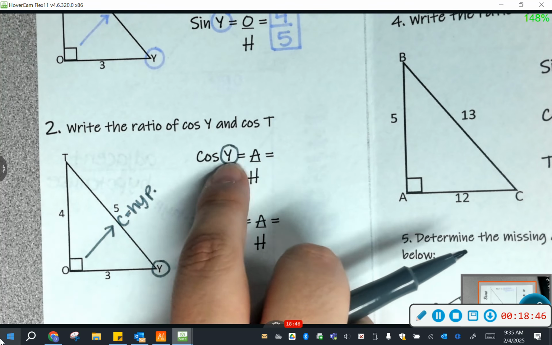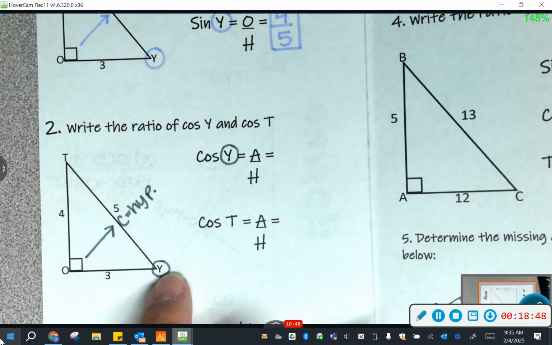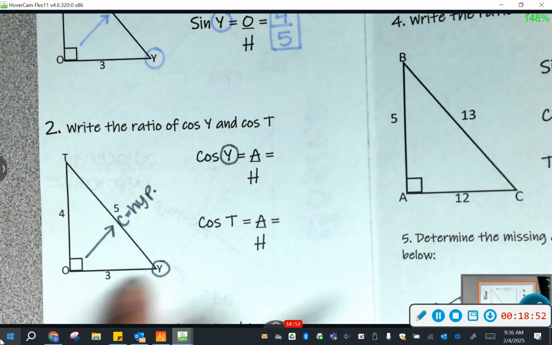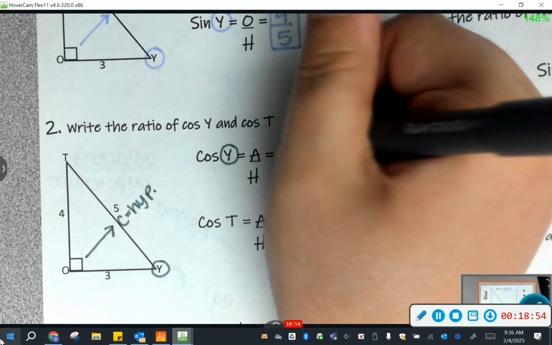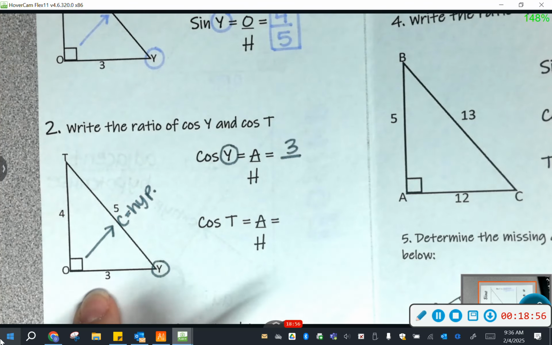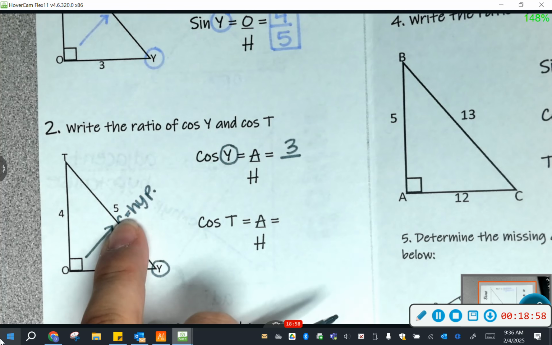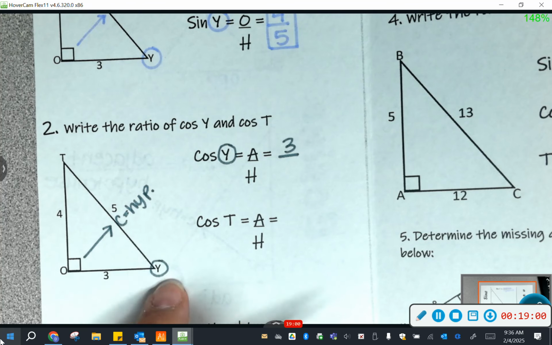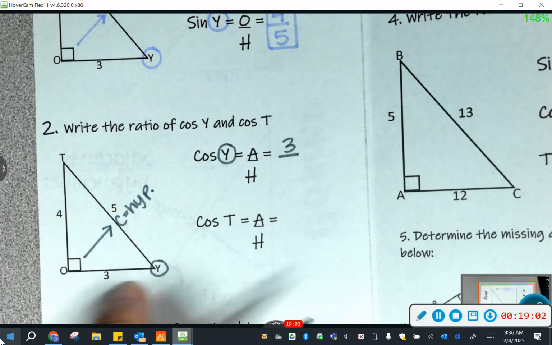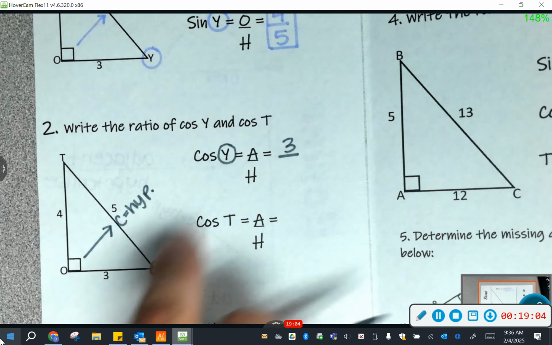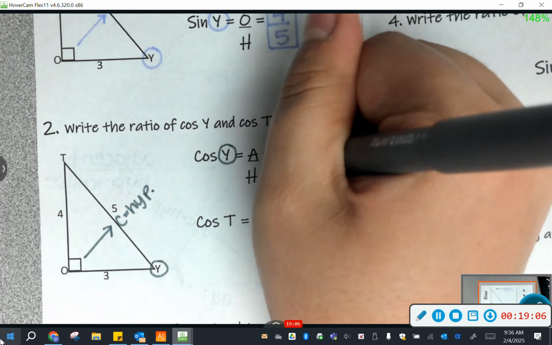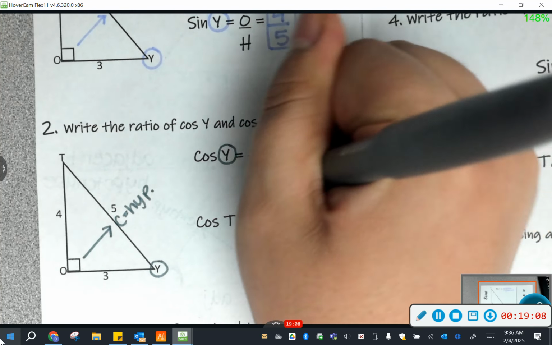What is adjacent, or right next to Y? The 3. Does everybody see why that's adjacent? I agree the 5 is also right next to it, but the 5 is the hypotenuse. 3 is just right next to Y. What's my hypotenuse? 5. So 3 over 5 is my answer.